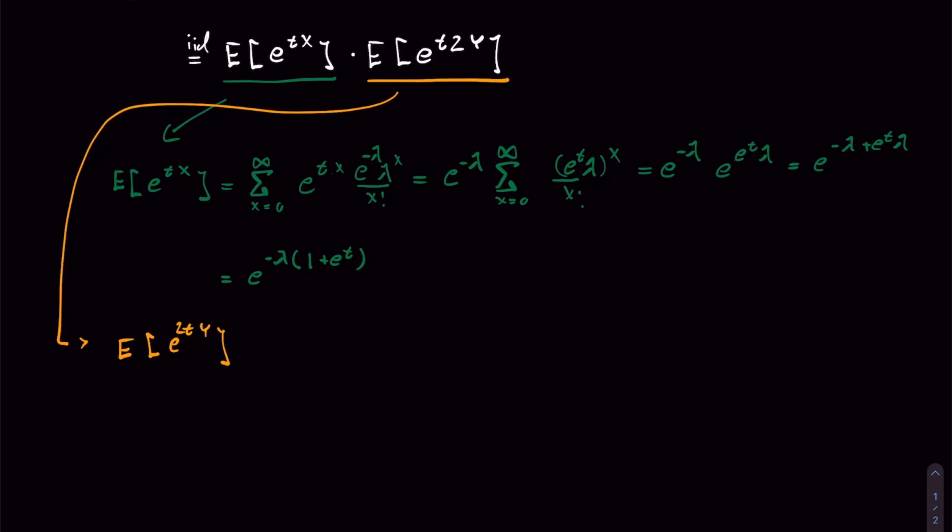So it'll be e to the minus lambda plus lambda e to the 2t.